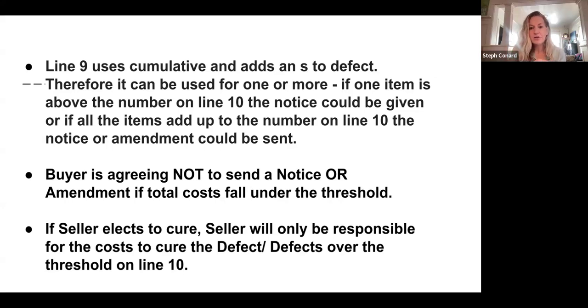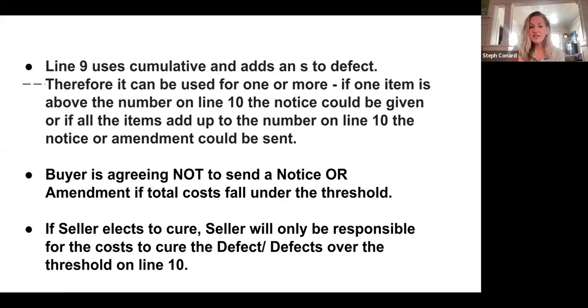Buyers agree not to send a notice or amendment if total costs fall under the threshold. Stated again. And then here's where I wanted to revisit lines 9 and 10. If seller elects to cure, seller will only be responsible for the cost to cure the defects over the threshold on line 10.